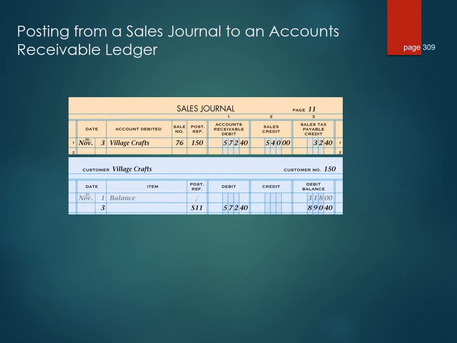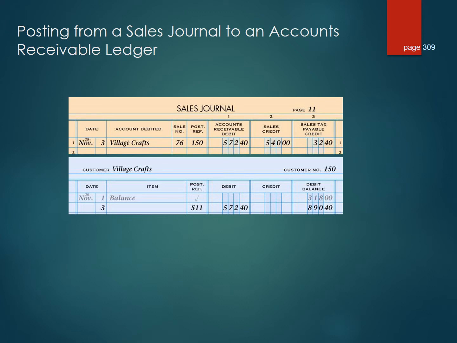It is now time to post individual accounts from our sales journal into our accounts receivable subsidiary ledger. We will start with our sales journal. On line 1, we have a debit of $572.40 to our Village Crafts customer account.